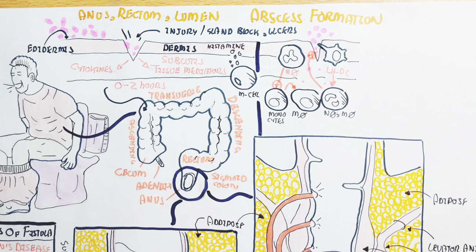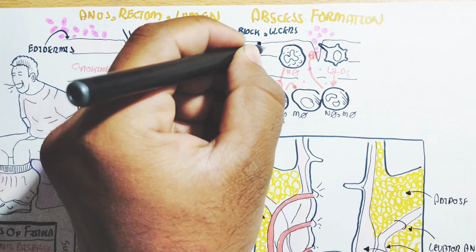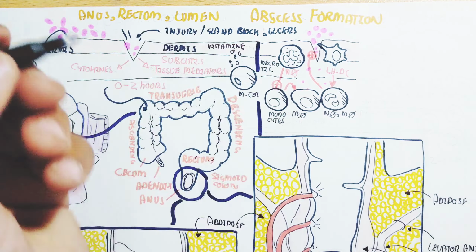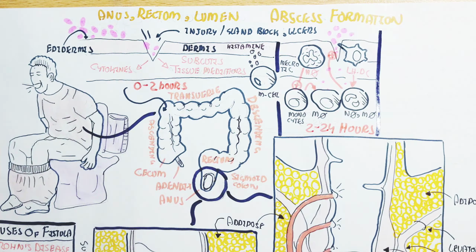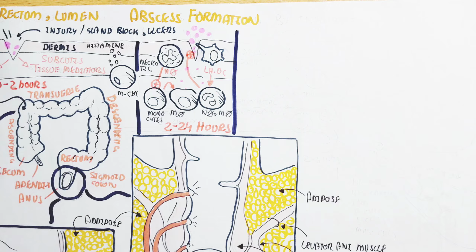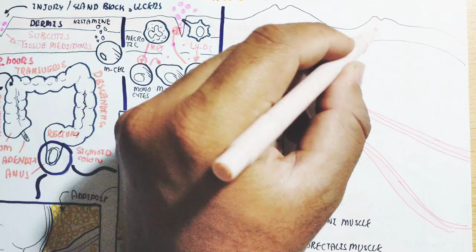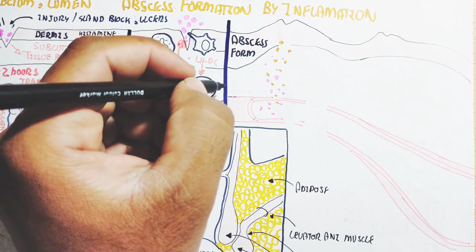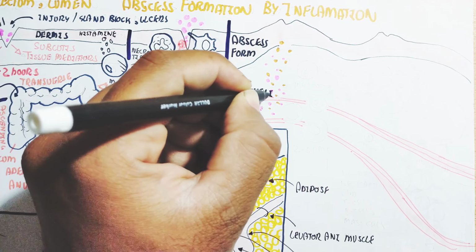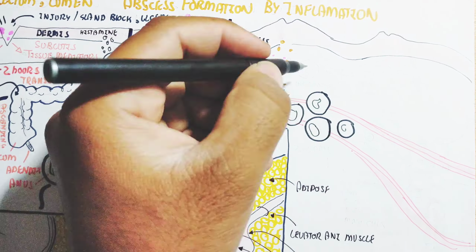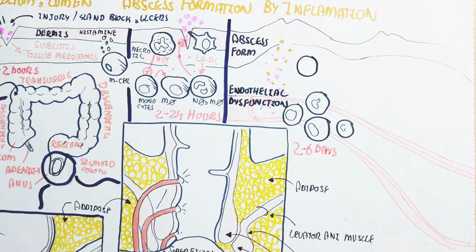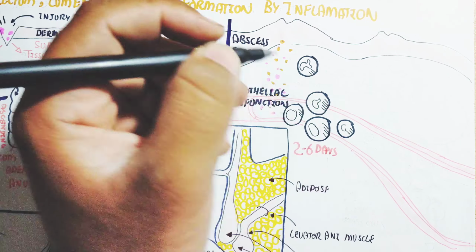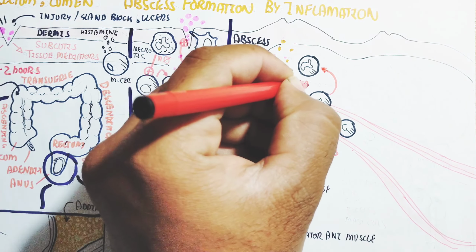This is after 2 to 24 hours, so abscess formation by inflammation will occur. This leads to increased inflammation, and the mast cells also increase the permeability of the endothelial cells of the blood vessels. So there is more recruitment of immune cells due to the production of inflammatory mediators like cytokines from the injury site, which leads to increased cluster formation of antibody-antigen complexes whenever a pathogen invades. An important thing is that the inflammation will progress.